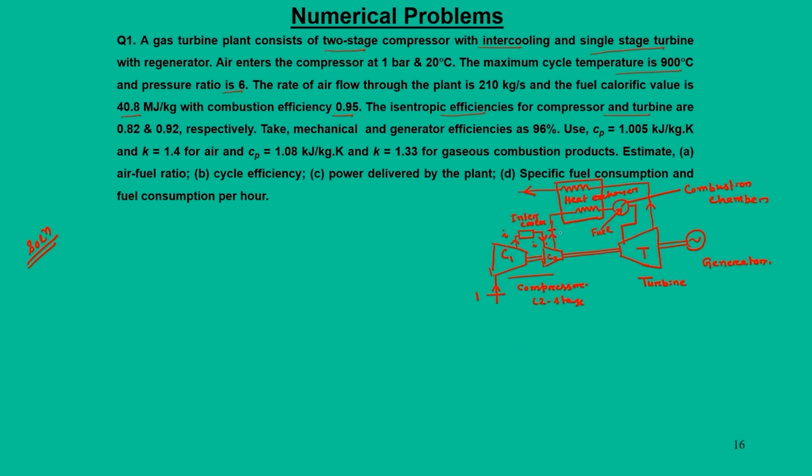After the compression, it is your state 2, then we have state 3, state 4, then we have state 5, state 6, turbine outlet goes at state 7, and finally, exhaust goes to atmosphere at state 8.